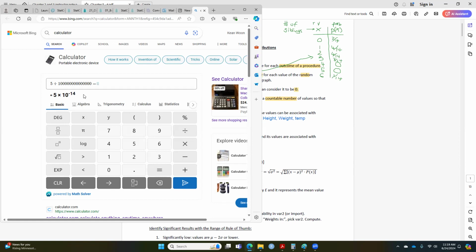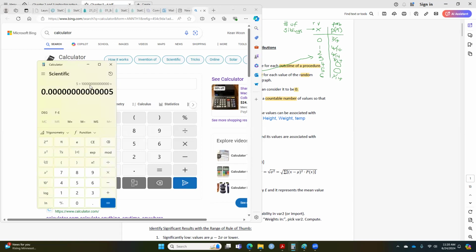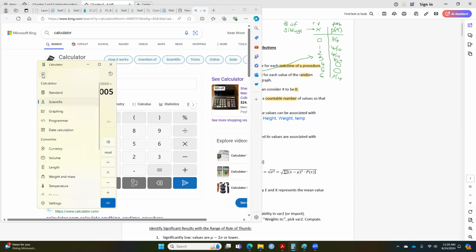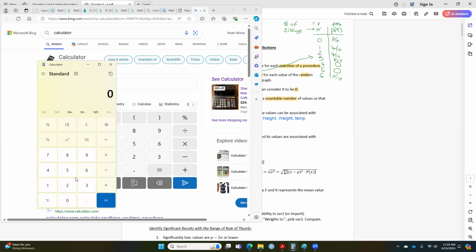Okay, so sometimes your calculator gives you a weird number that has an E. I thought this calculator would show a small number. Maybe I change it back to a normal mode. I just want to point out to you because some calculators still give you the zeros.